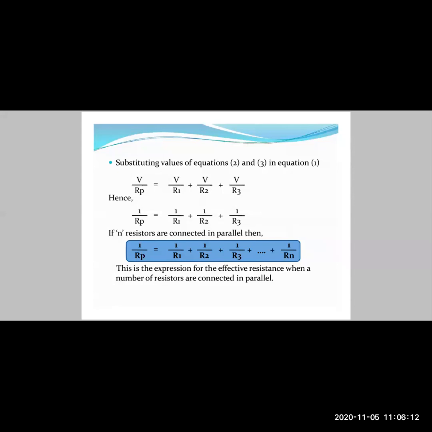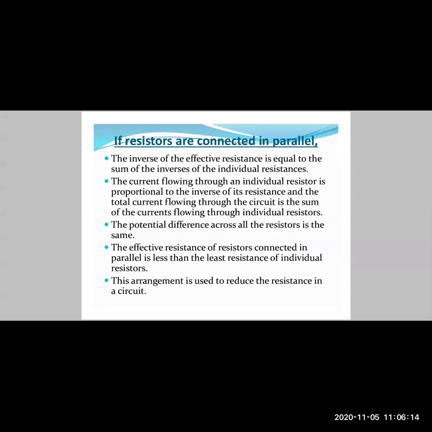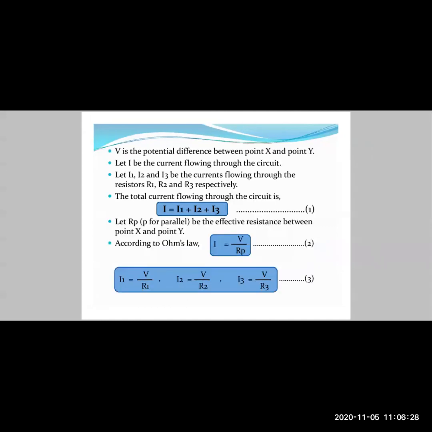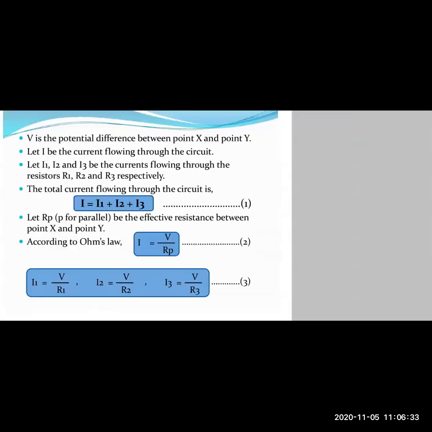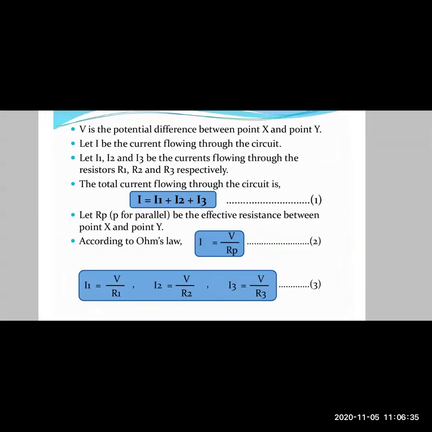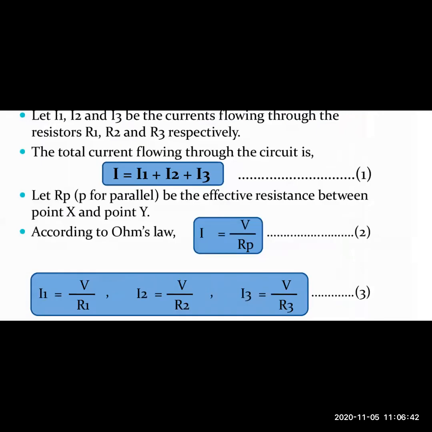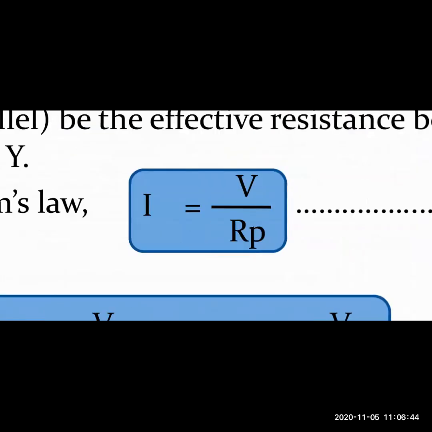Point number 2. The current flowing through an individual resistor is proportional to the inverse of its resistance, and the total current flowing through the circuit is the sum of the currents flowing through the individual resistors. We have seen this point already. From equation number 2, I equals V by Rp.